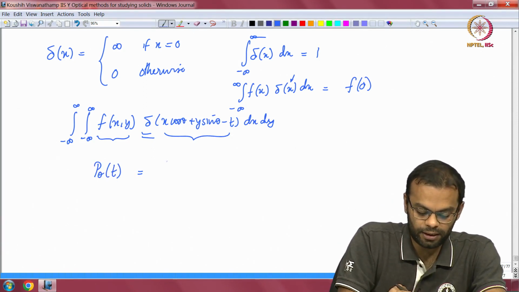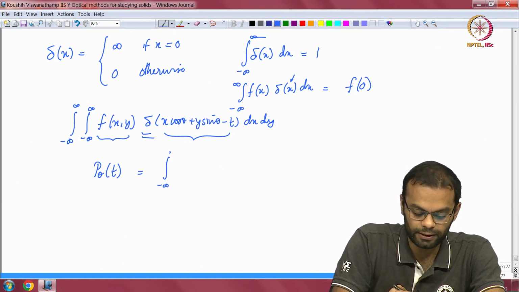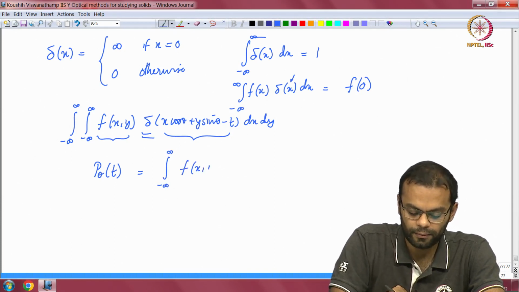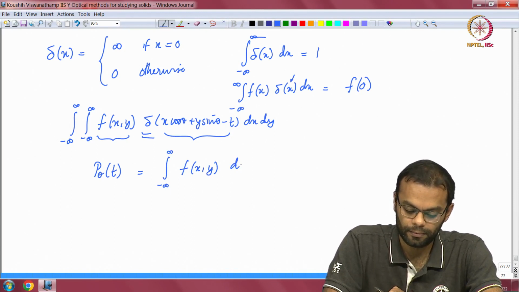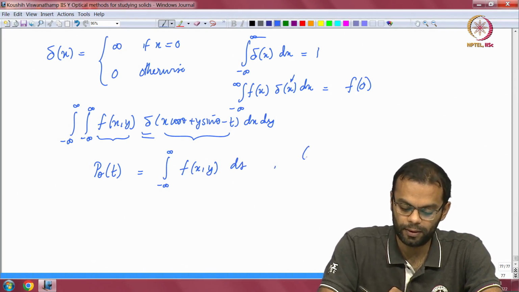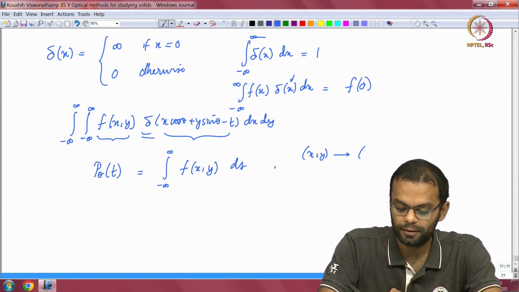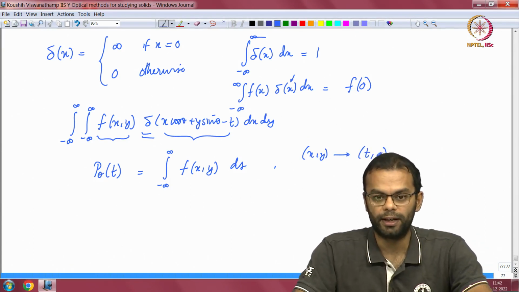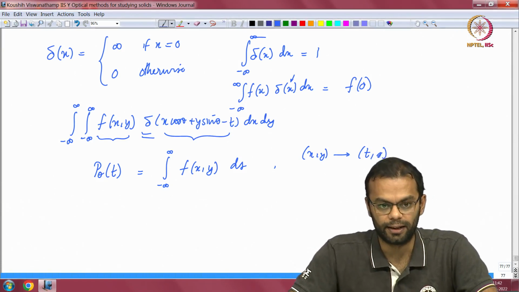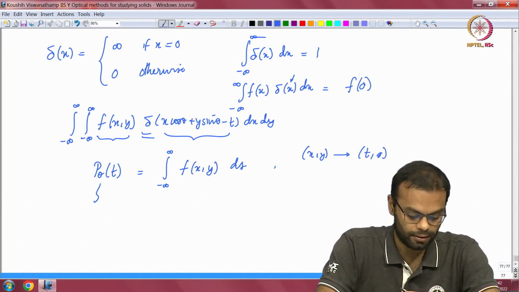But nonetheless we will just assume that we have this going, where the integral is taken along s and x comma y are transformed to t comma s and they are taken along the line direction. Okay. So, this is what we will call a projection.